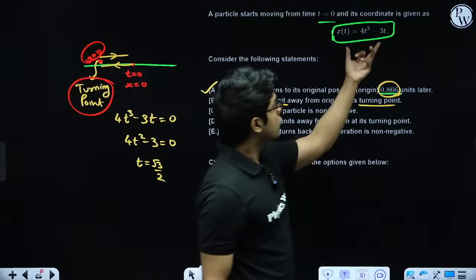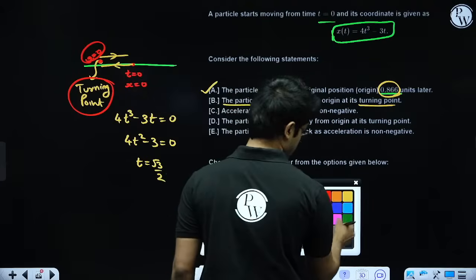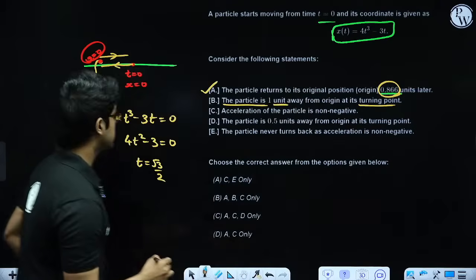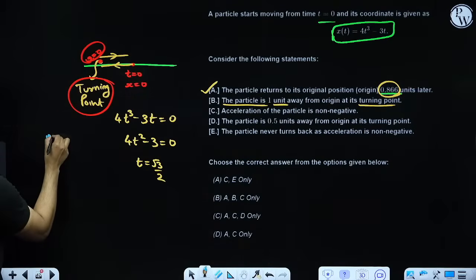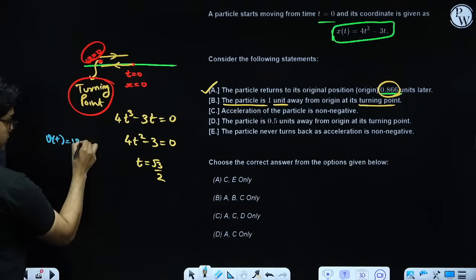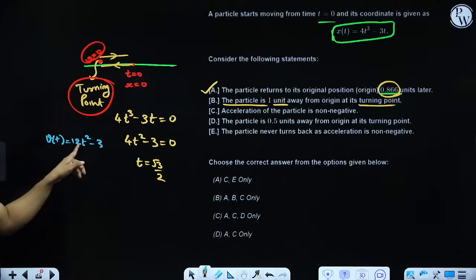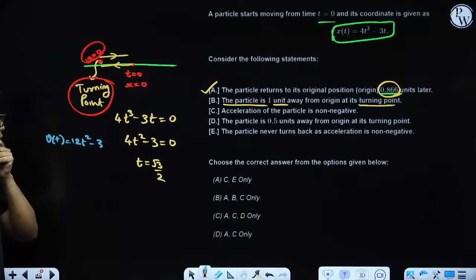To find the velocity from the position, we'll just have to differentiate, right? So the velocity will be 12t square minus 3.